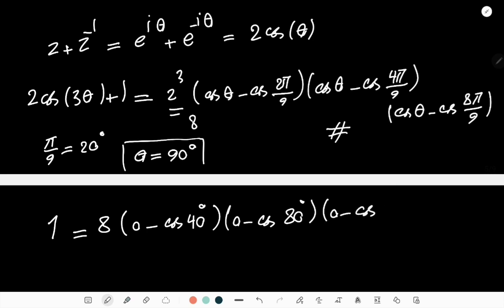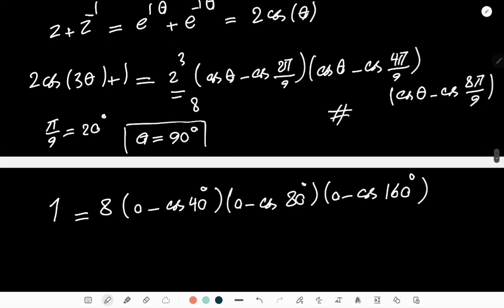so 8 times, this is basically 160, and then you have this minus in all of them. So basically this is minus 8 cosine of 40 cosine of 80.